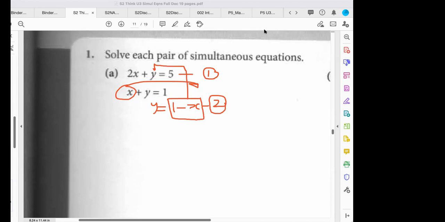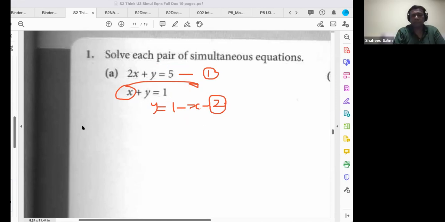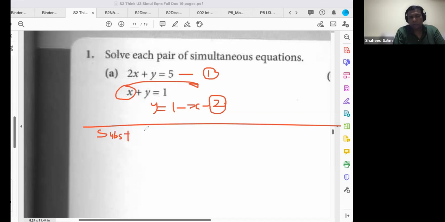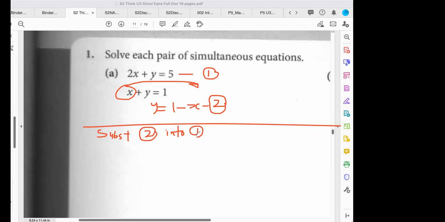So I'm going to do just that. Substitute into 1.